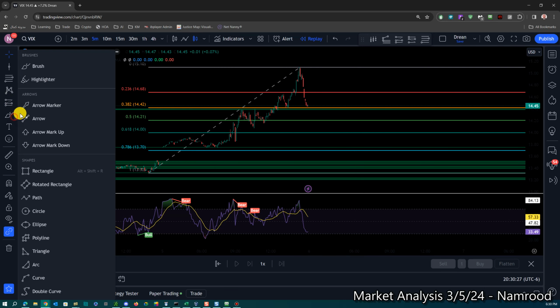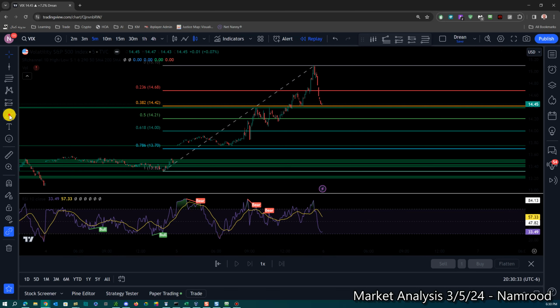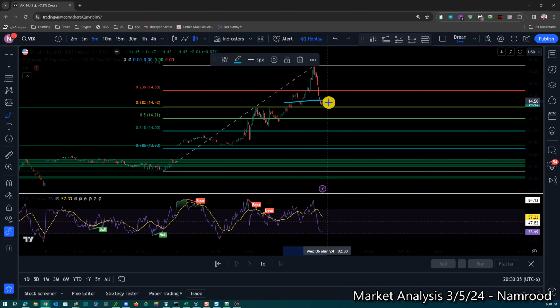But now we can see that there is an area of support here, which can give me an indicator that the VIX might go back up to this area. 1, 2, 3. This is a strong support. And again, when VIX finds support, this means that SPY is going to go down.